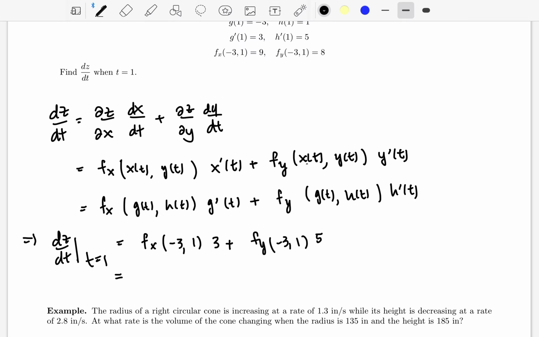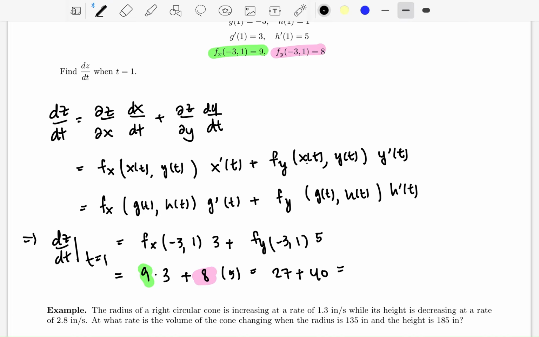So one more step, and I get that this is 9 times 3. So one more time, here we have the partial with respect to x, it's equal to 9, and then plus the partial with respect to y, it's equal to 8. So I get here 8 times 5. So this is 9 times 3, you get 27, plus 5 times 8, which is 40. Final answer, we get 67.